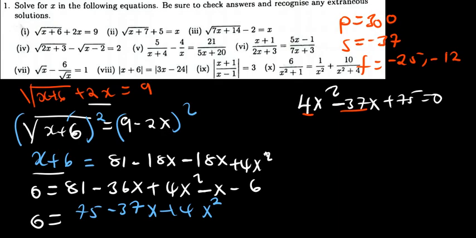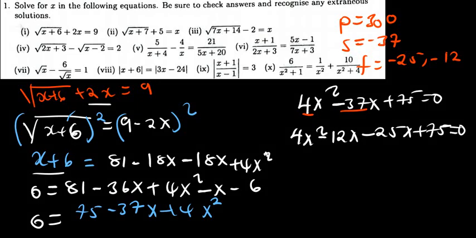That would mean I'm going to have 4x squared minus 12x minus 25x plus 75 is equal to 0. Now I can factor out 4x from the first two terms: 4x times x minus 3.